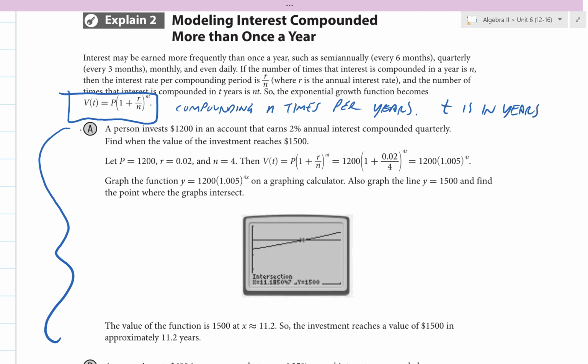And so using that equation for this example, we have $12,000. 2% compounded quarterly means 4 times per year, so n equals 4.